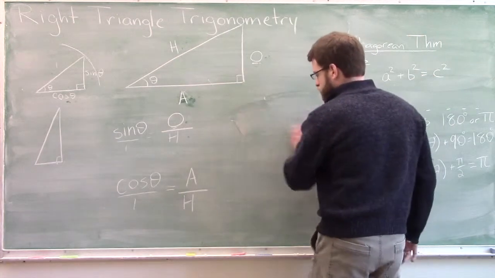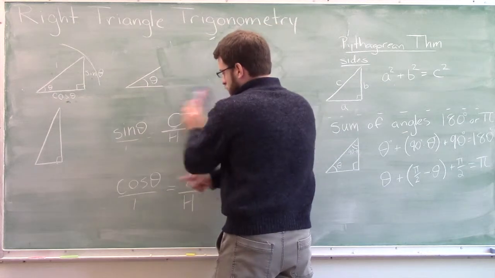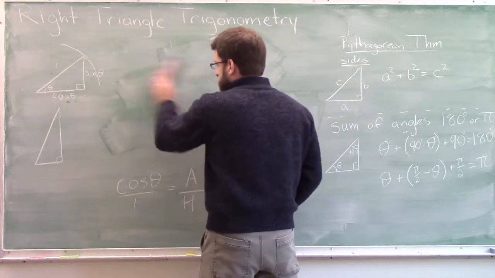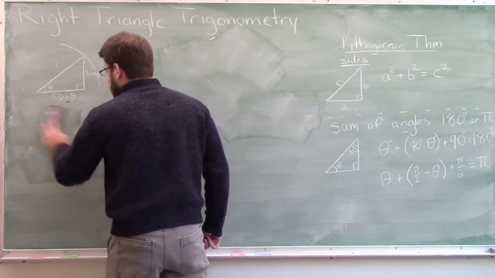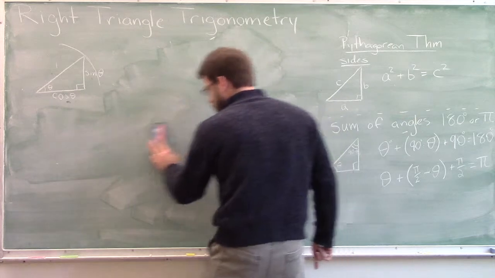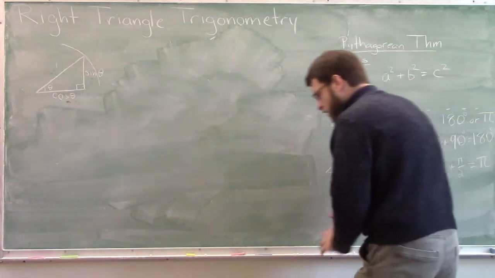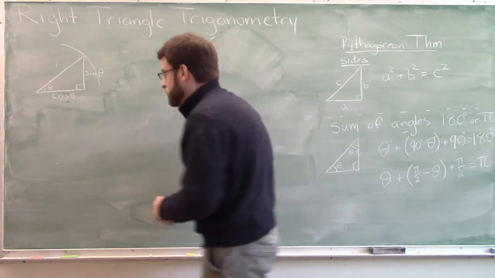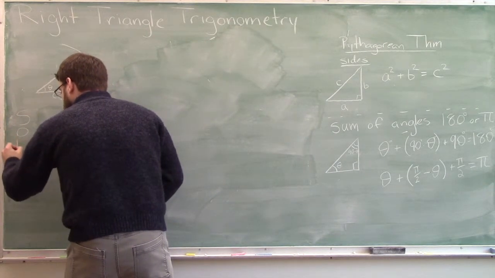So let's suppose, and we'll write a shorthand for the relationships between sine, cosine, and tangent using a mnemonic that you might have heard before. Sometimes people remember the relationships by making up a nonsense word of all those letters. So this is a pretty standard mnemonic in English schools.